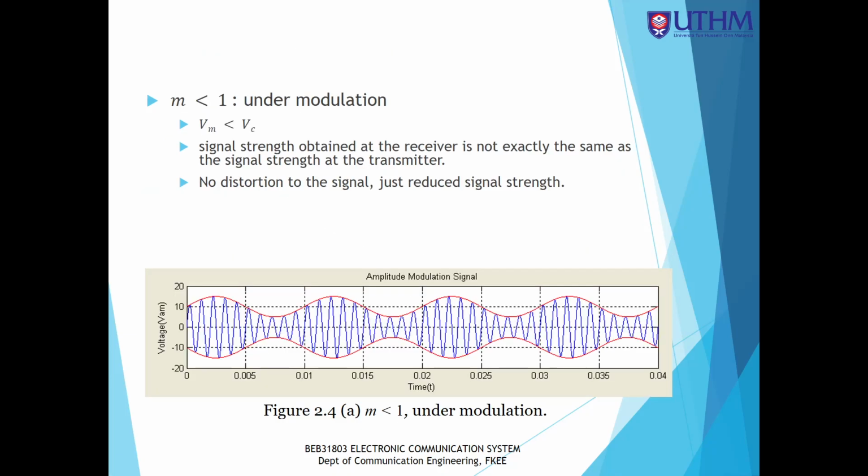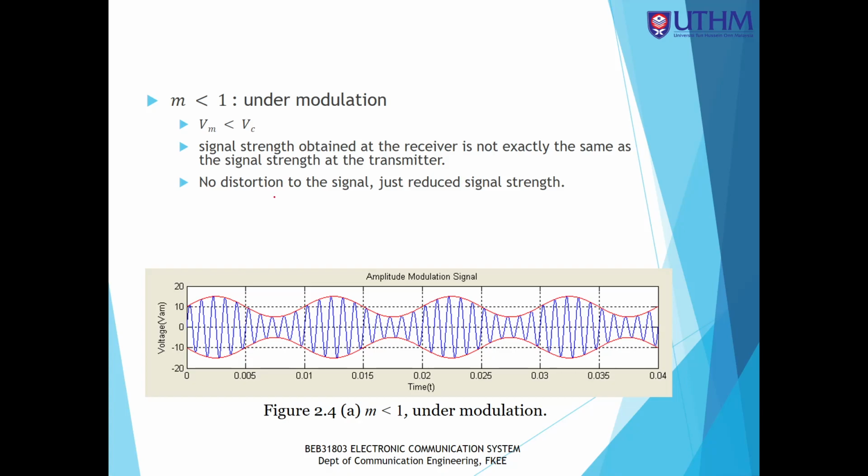For the first scenario, M less than 1, this is what we call undermodulation, where Vm is less than Vc. The signal strength obtained at the receiver is not exactly the same as the signal strength at the transmitter. Of course, when the signal has traveled a long distance, there is attenuation, due to the distance and other obstacles in the medium.